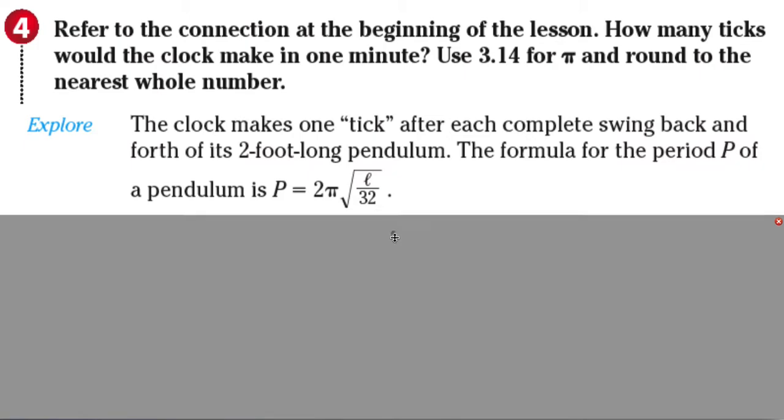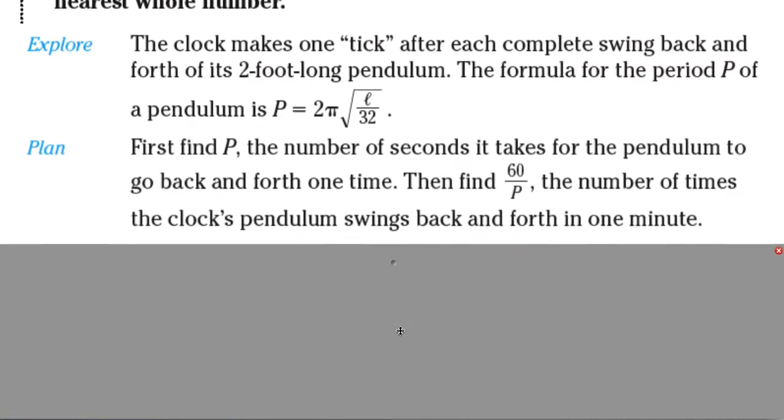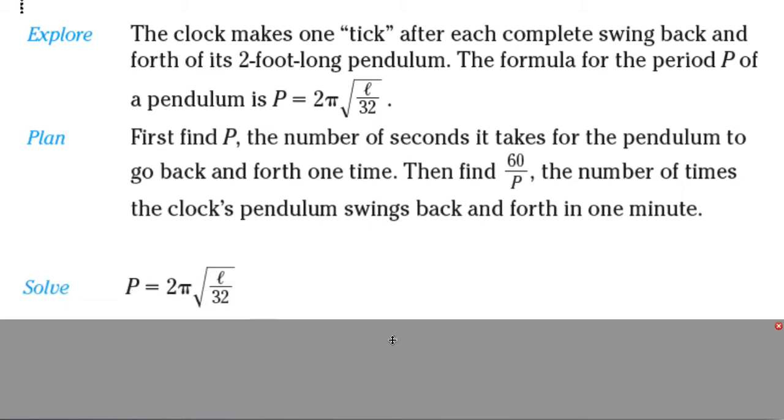So how do we plan to solve this? First, we want to find P, the number of seconds it takes for the pendulum to go back and forth 1 time. Then find 60 over P, the number of times the clock's pendulum swings back and forth in 1 minute. So now we have a plan.